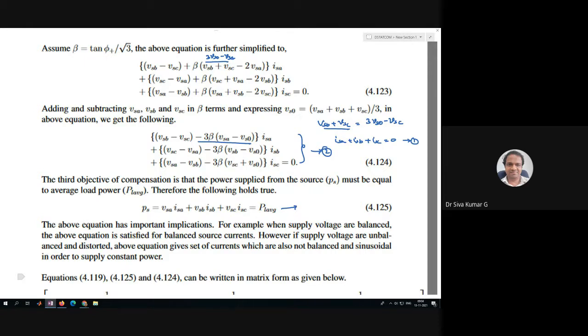So when the voltages are unbalanced, the currents also become unbalanced. There won't be any distortion, but generally they will not be balanced.